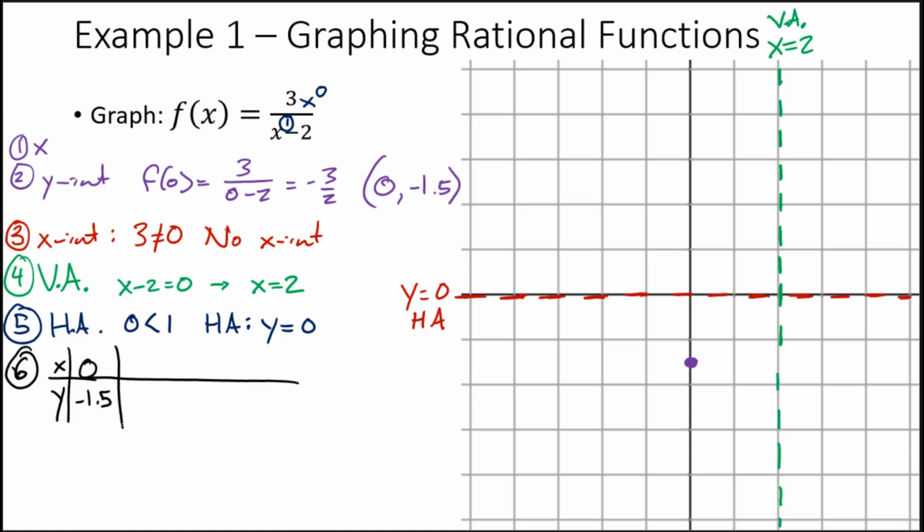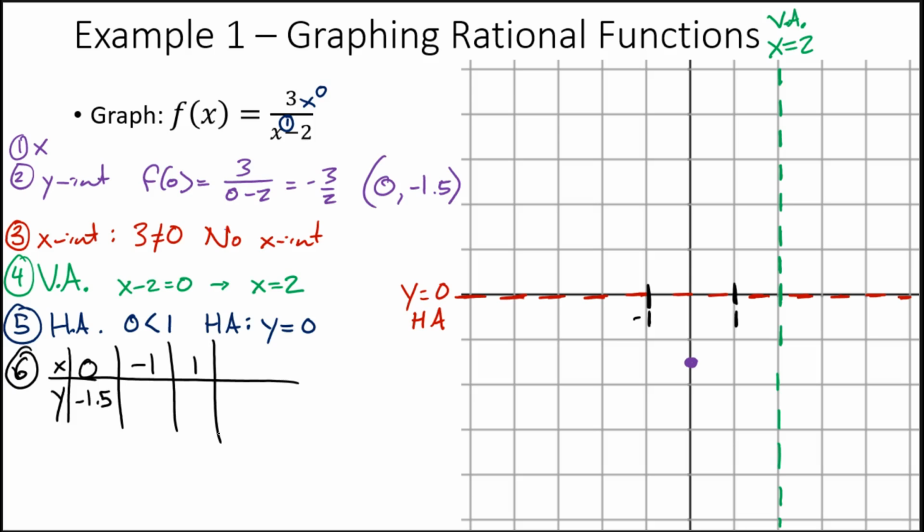So what other points might I want to get? I do negative 1. Definitely. What else? I already have 0. That was my y-intercept. What else? What's between 0 and 2? I'd probably do 1. Okay? I wouldn't go much further away from my vertical asymptote than that.